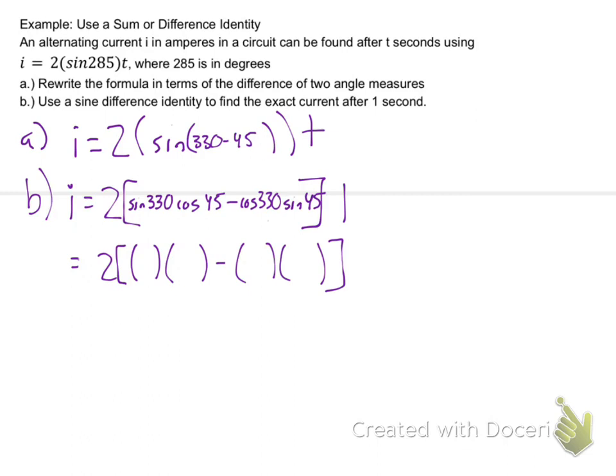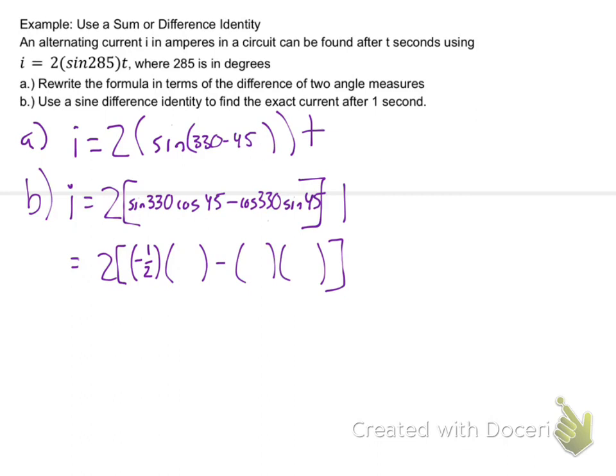Now, what's the sine of 330? Square root 3 over 2. Mm-mm. Negative 1/2. 330 degrees has a 30-degree reference angle. And that 30-degree reference angle would be sine of 30, which would be 1/2, but it's in the 4th quadrant, which means it's negative.